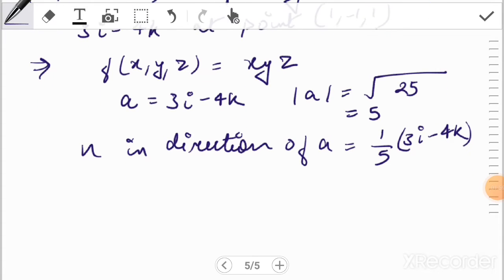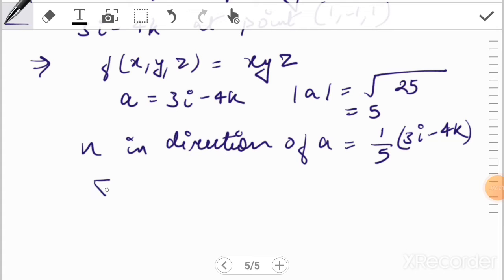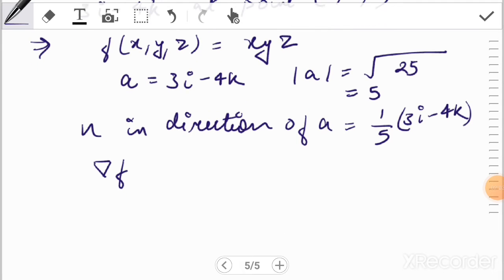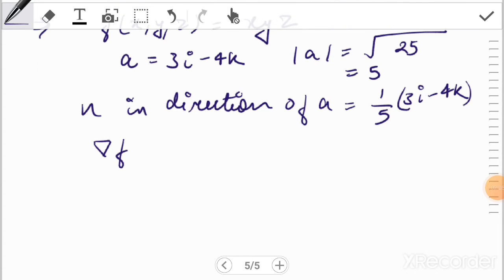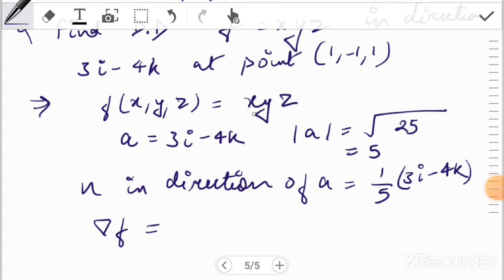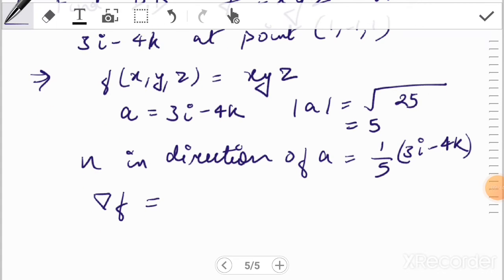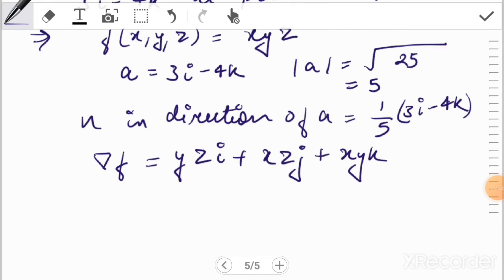Now we have to find the gradient del f in order to find the directional derivative. So del f will be equal to, take the partial derivative of xyz with respect to x, which will be yz i, and again with respect to y, xz j, and with respect to z, which is xy k.